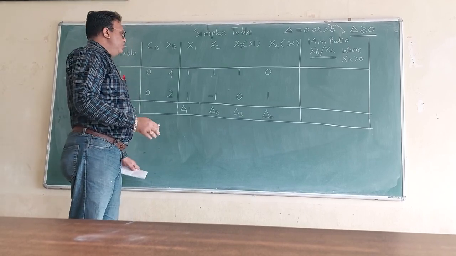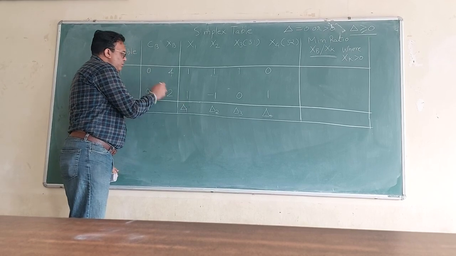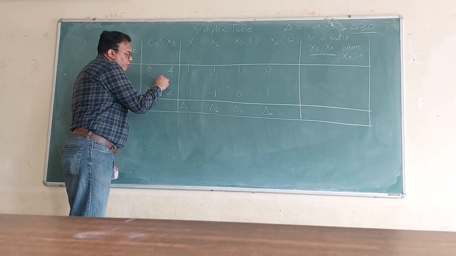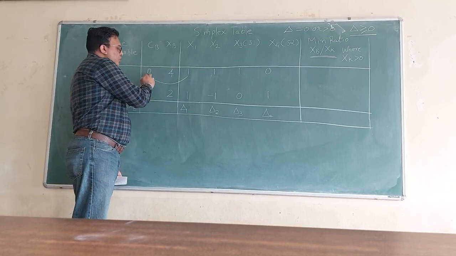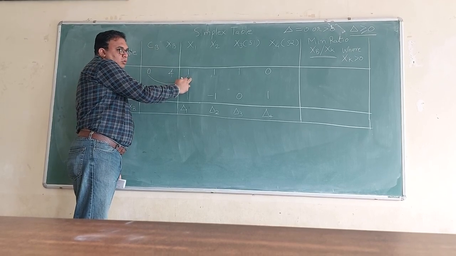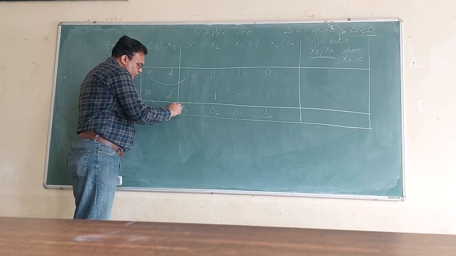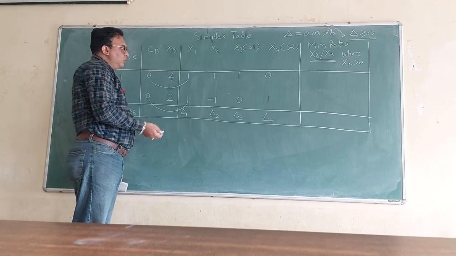In this equation, what do we have to do? Find out delta 1. This 0 is multiplied with the 1 value, that is 0 into 1. So 0 plus this 0 is multiplied with 1, that is also 0.